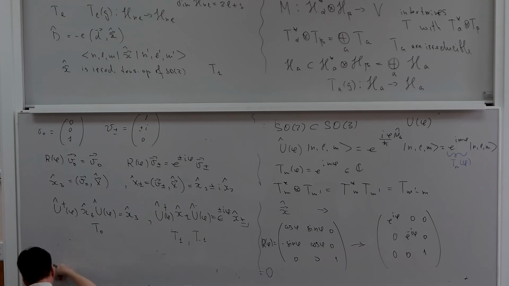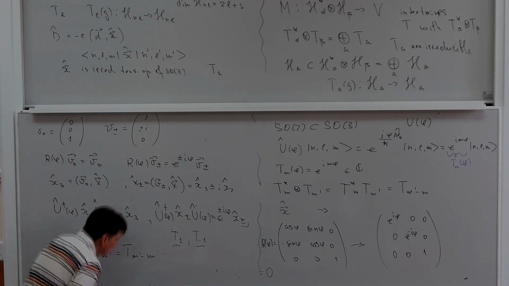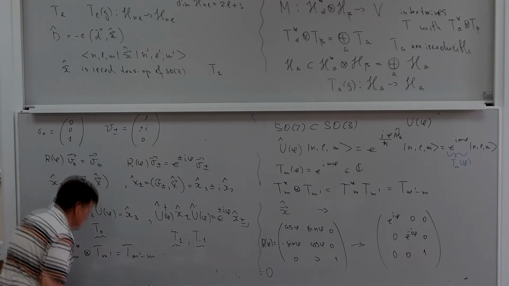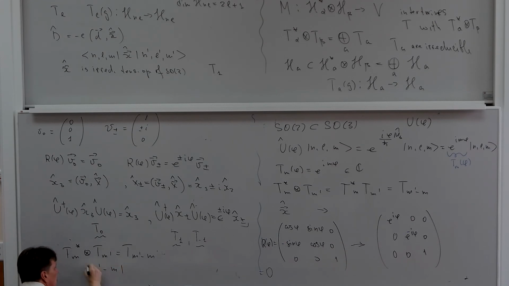Now it is clear that the tensor product of representations T_m star with T_m prime, which is given by T_{m' - m}, may contain these representations only when m prime minus m is equal to 0 or plus minus 1.